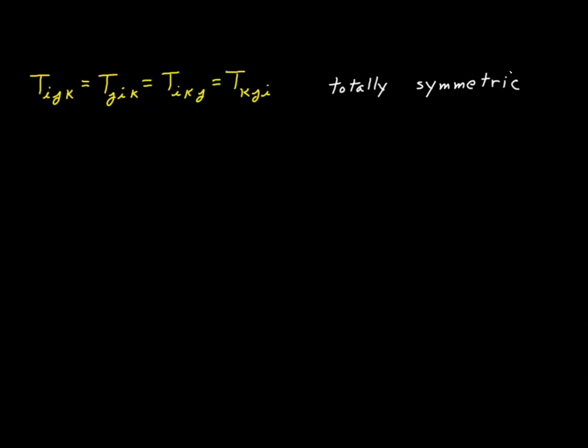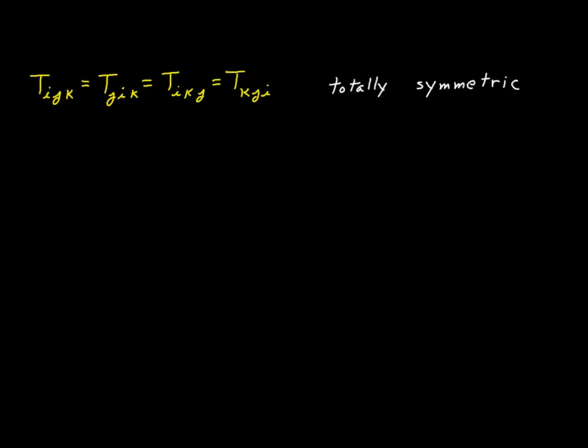Now the thing about a totally symmetric expression like this is that it's impossible for all of the 27 elements within the system to be unique. Because obviously if we had term 1, 2, 3, it has to be the same as an expression 2, 1, 3. And for that reason, those two have to be the same and they can't be independent values.